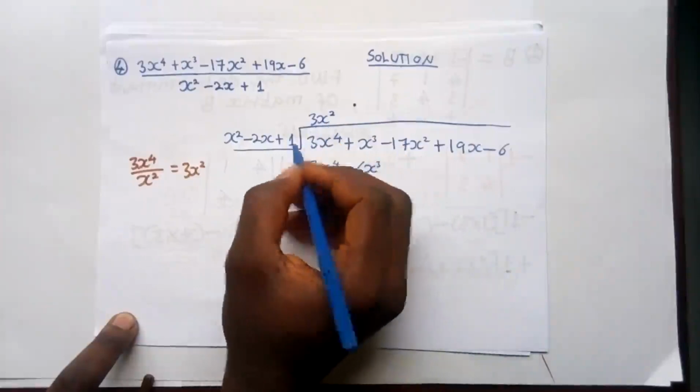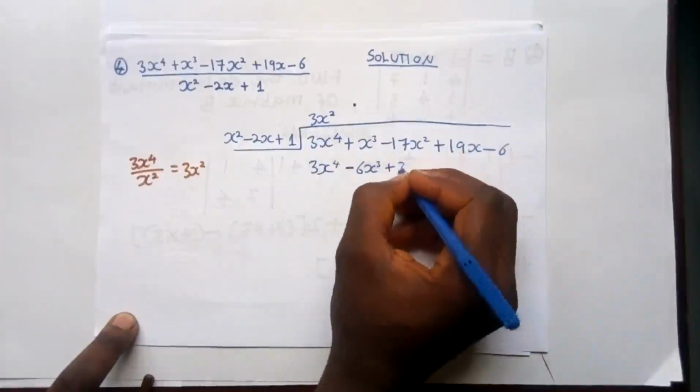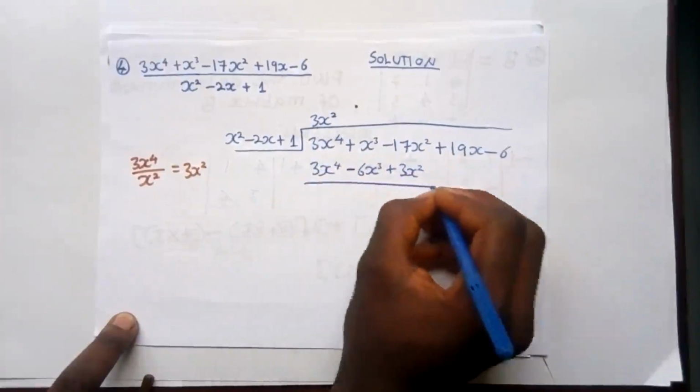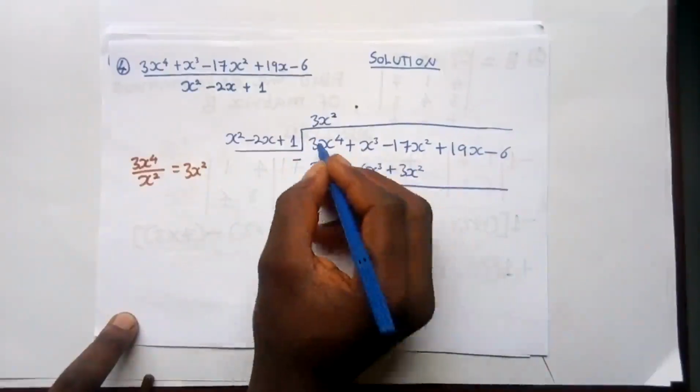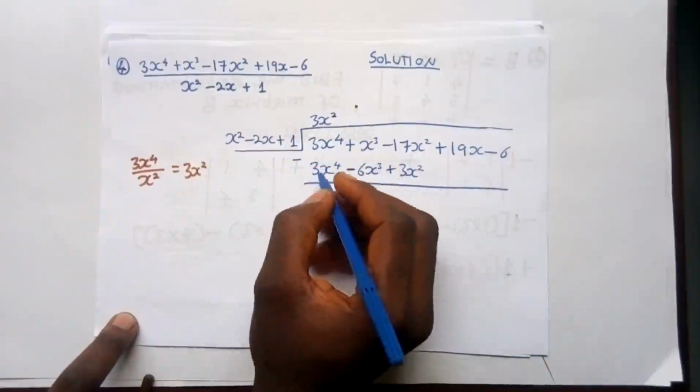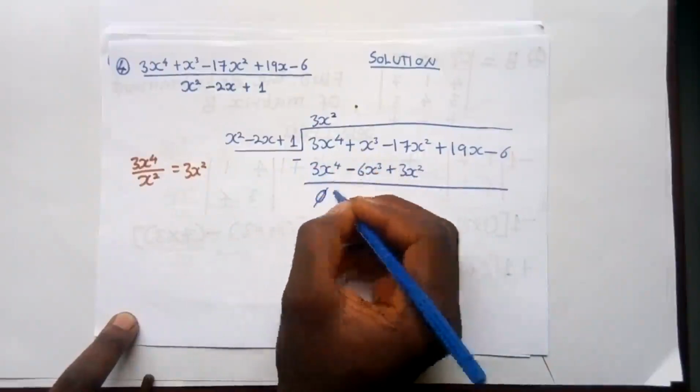And 3x squared multiplied by 1 gives us plus 3x squared. Minus 3x raised to the power of 4 minus 3x raised to the power of 4 gives us 0.